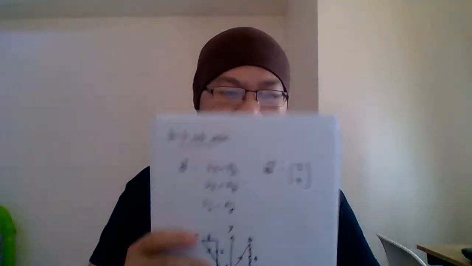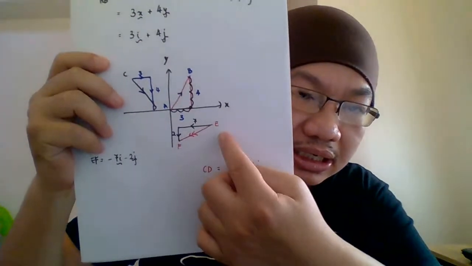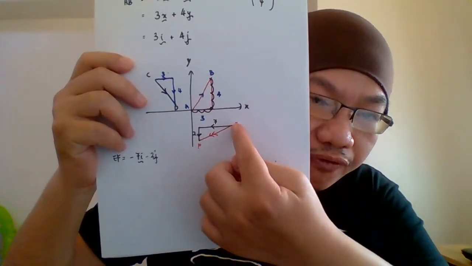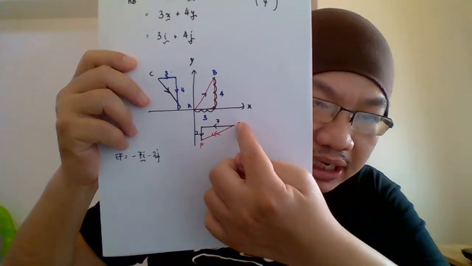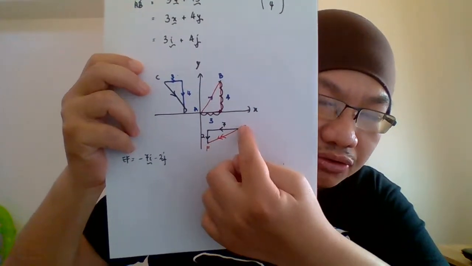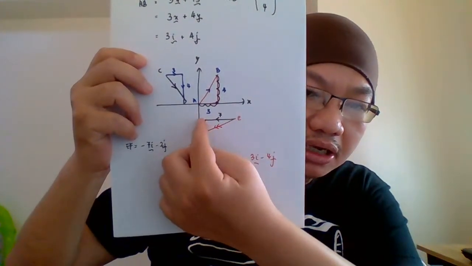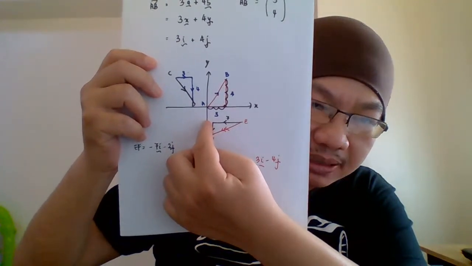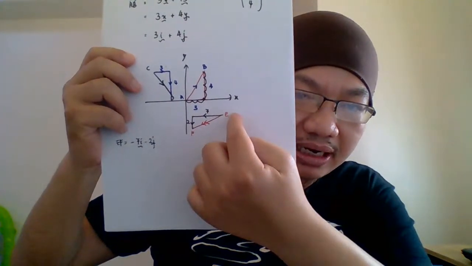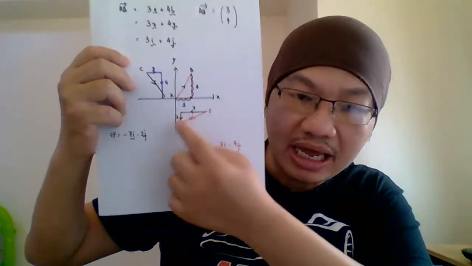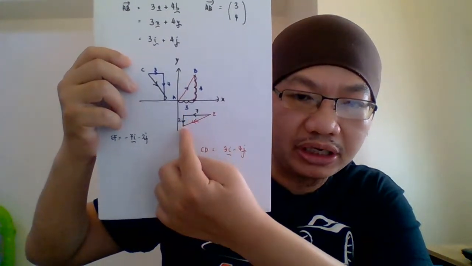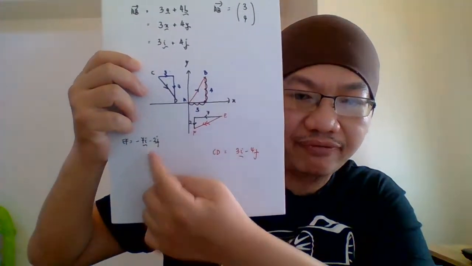You see here, this is our vector EF. I want to find the vector of EF, so I need to draw from E to this point 7 times, because it's negative, that means it moves from right to left, and from this point going downwards 2 times because it's negative 2.